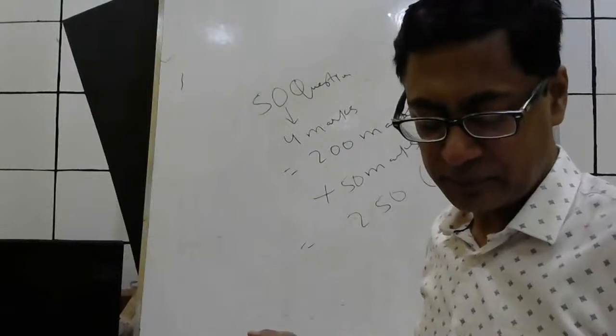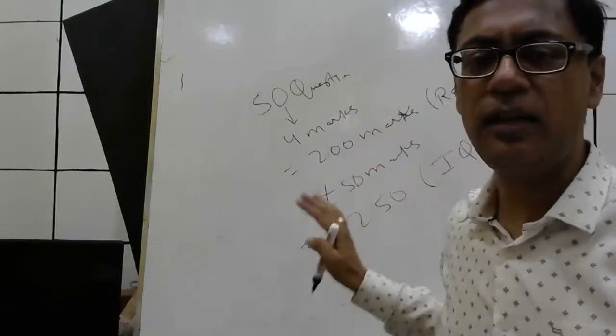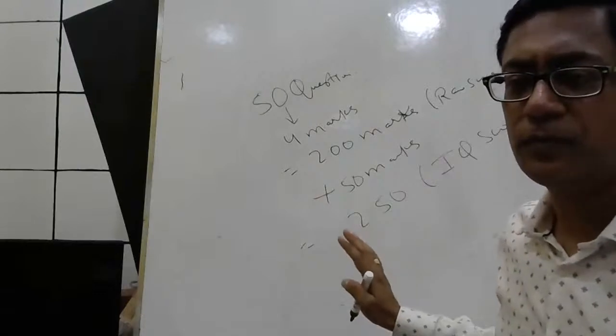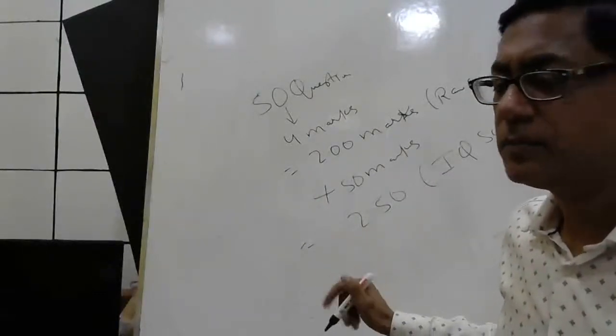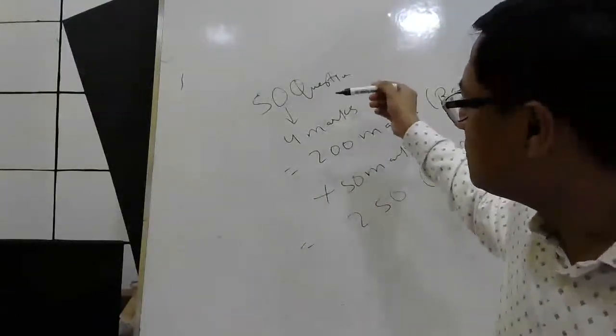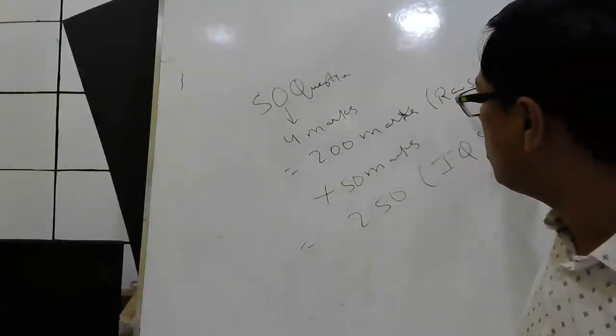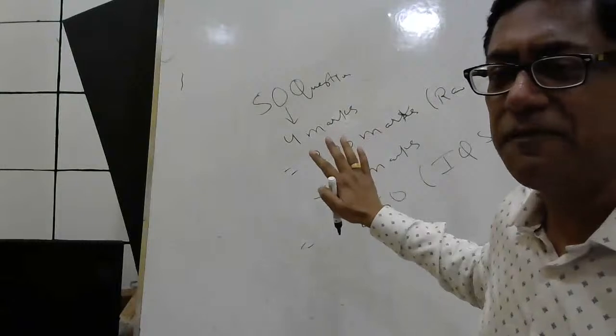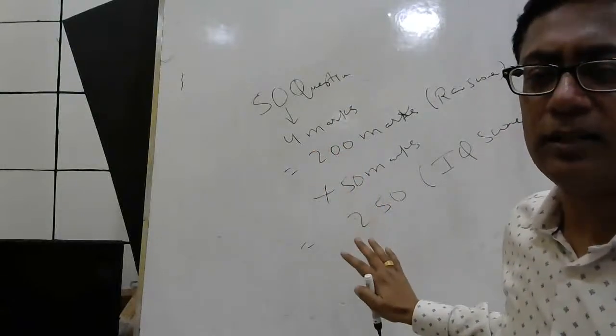So this is the first thing. I hope all of you are clear and the board is also visible to all of you. Great. So 50 questions, 4 marks, 200 marks raw score, plus 50 marks, 250 marks IQ score. This is the first thing which you have to keep in your mind, right?